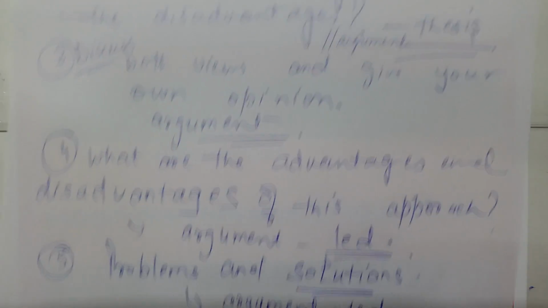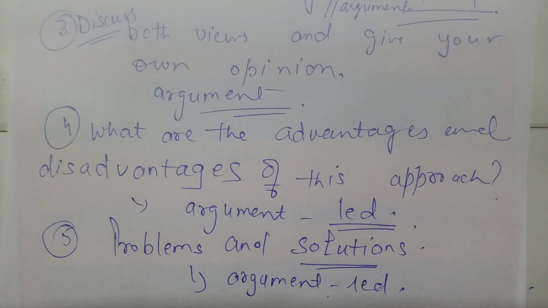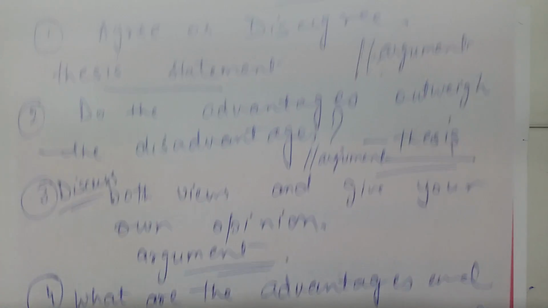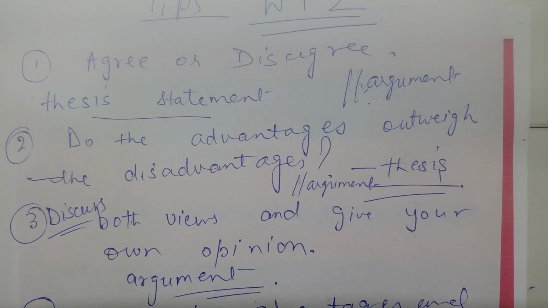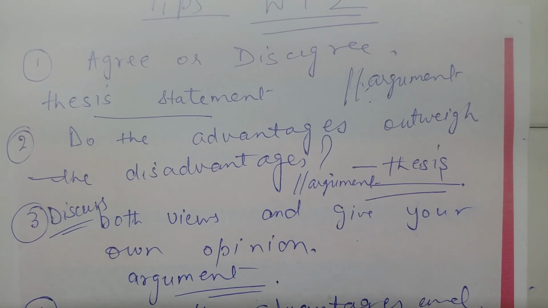Number 3, number 4, number 5 are arguments. So this is the difference here: 3, 4, 5 argument-led; 1, 2 thesis plus argument. Both are acceptable here.